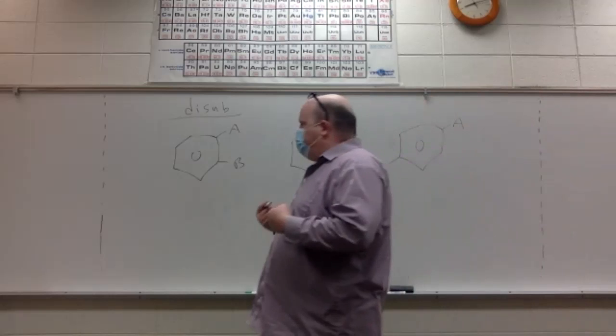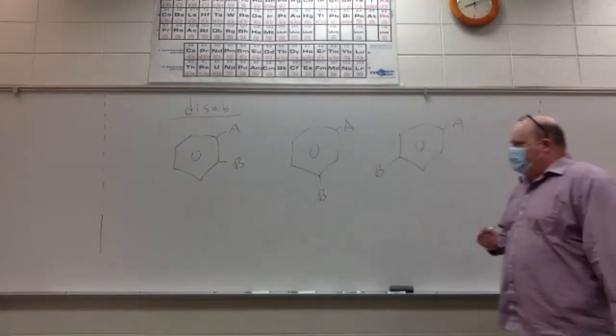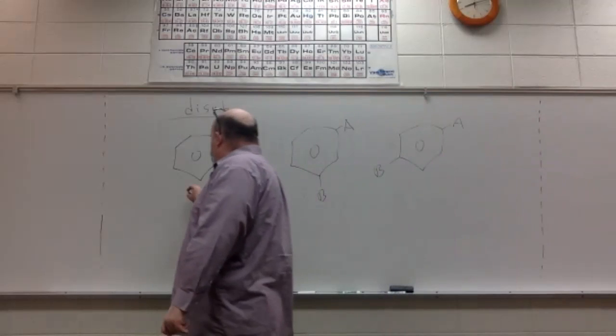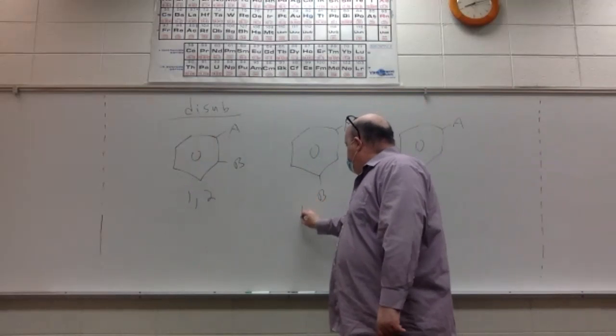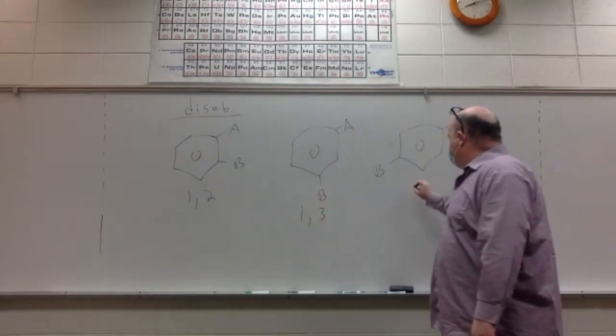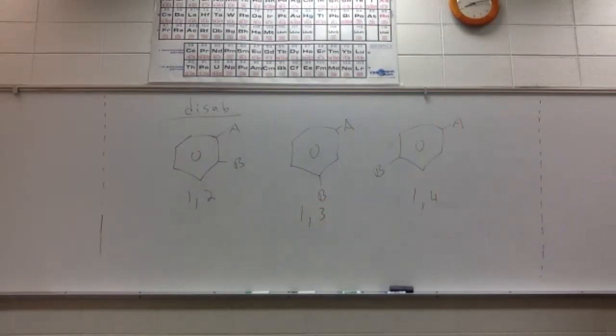So you look at the respective positions of the substituents, like A and B. Over here, they're consecutive carbons, so we could say they're the 1 and the 2 positions. Here, they're 1 and 3. Here, they're 1 and 4.